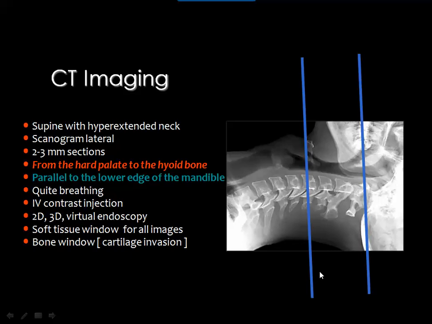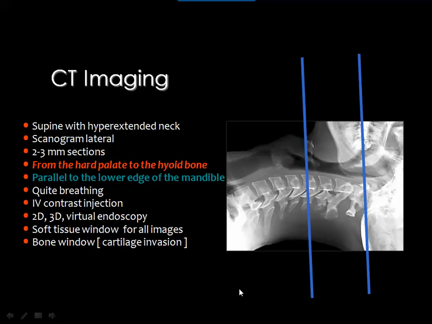The slices usually cover the area from the hyoid bone up to slightly above the angle of the mandible, and the scan intervals are usually taken at 2 or 3 millimeter intervals. And we proceed, as I have mentioned, from the level of the hyoid bone to the hard palate, or from the hard palate to the hyoid bone, usually parallel to the lower edge of the mandible.